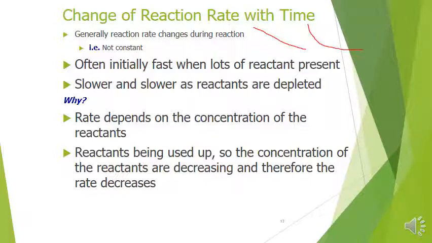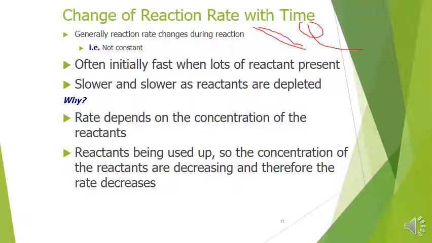That's basically because there are less and less particles to bump into each other, and so the reaction doesn't take place as often. It's often initially fast, and then it slows down, because the reactant depletes. You have less and less of it. If there was an infinite number of particles, it would be linear, okay?